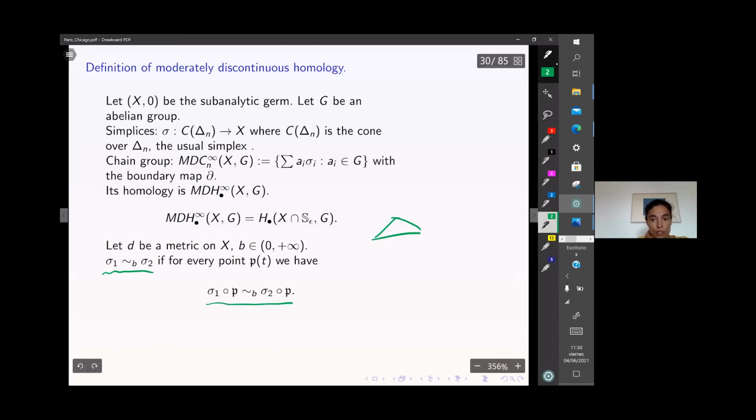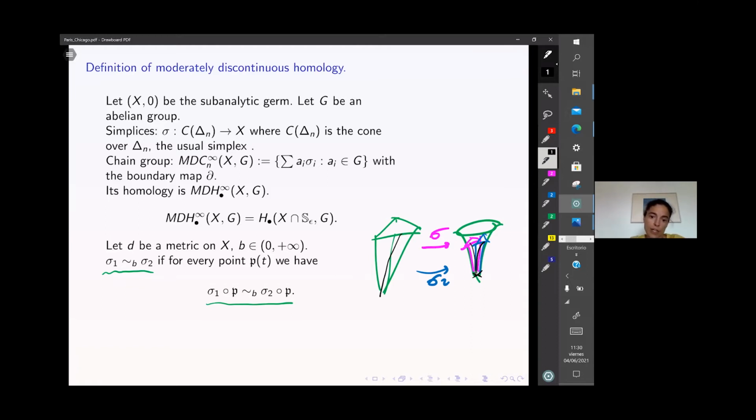So if we have two simplices, one here and another here, we say they are b equivalent if for every point here, the images through the two simplices are b equivalent, that is, if the images of these simplices in the set of b points here are the same. At the level of the b points, the mappings are the same. Then we identify them.